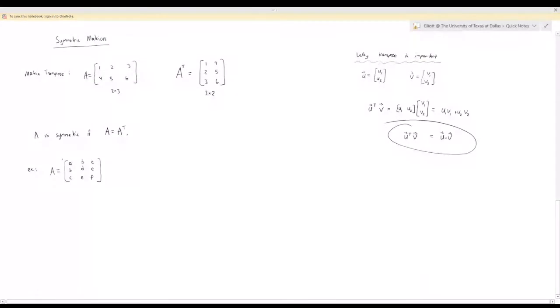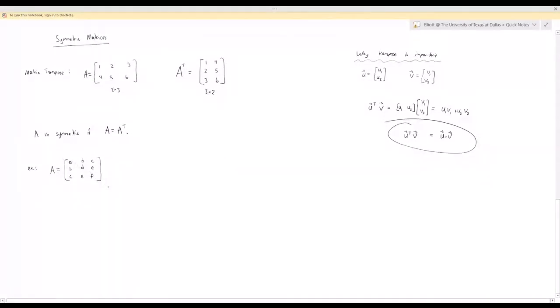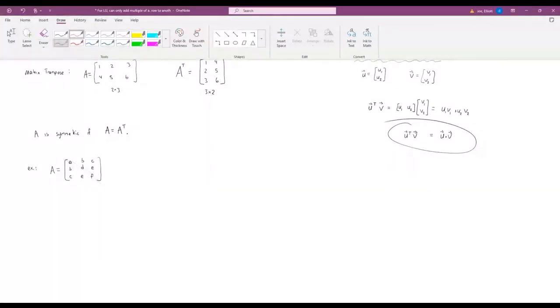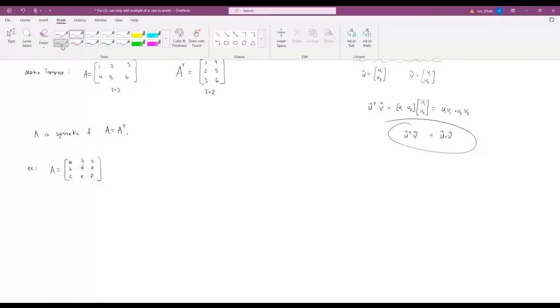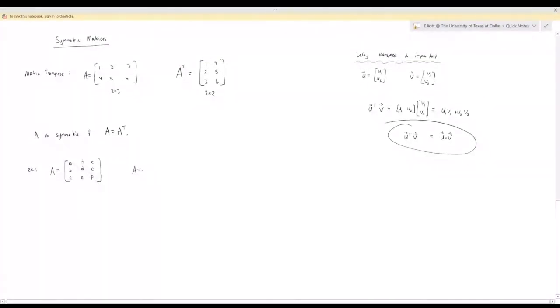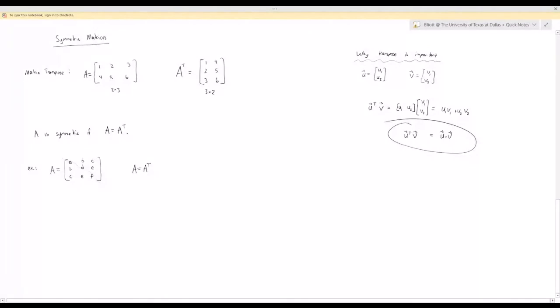You look at the diagonal, it can be anything, a, d, f, but then the rest is symmetric across the diagonal. You can confirm that A would be equal to its transpose in this case.